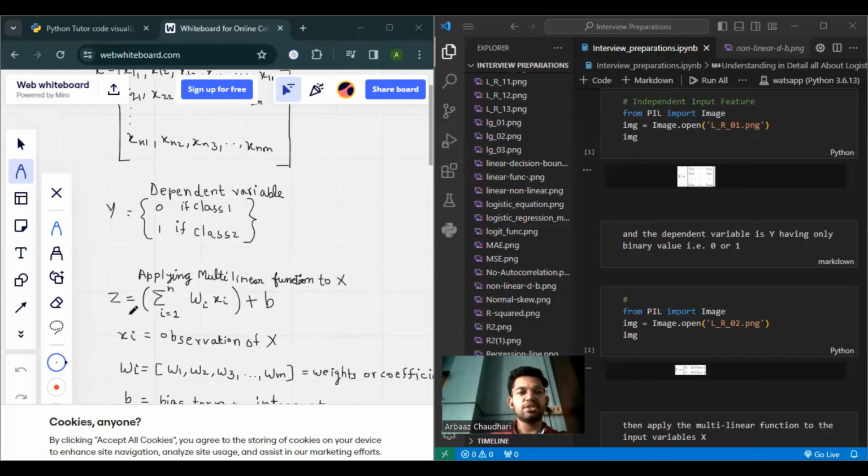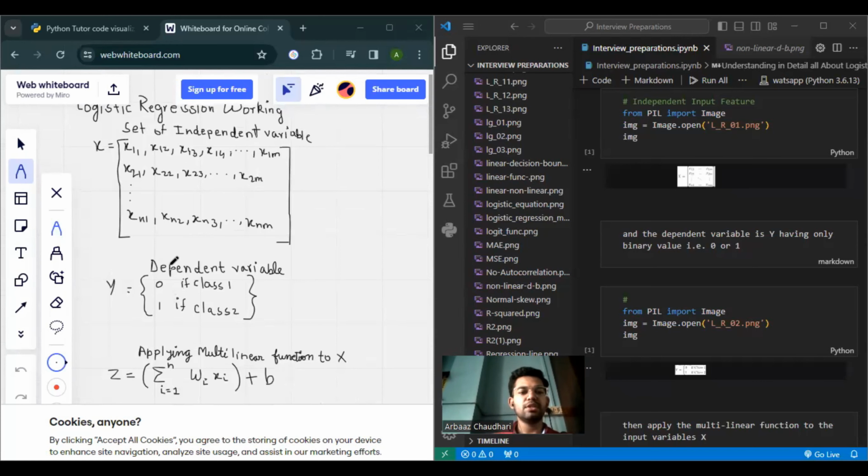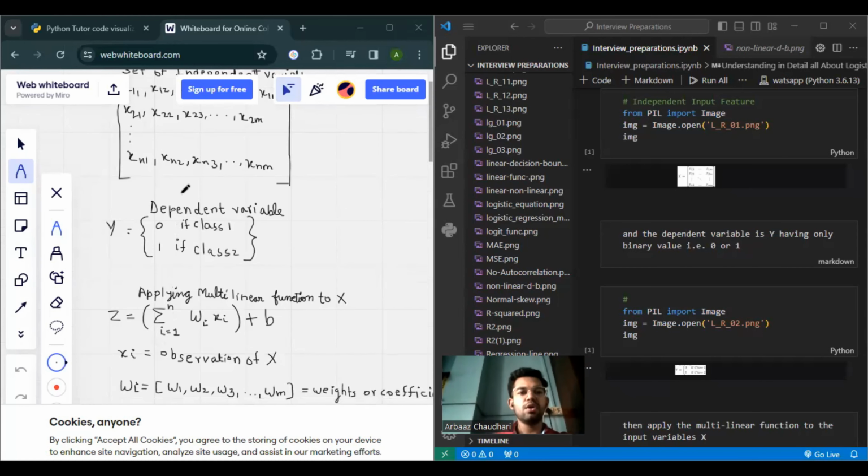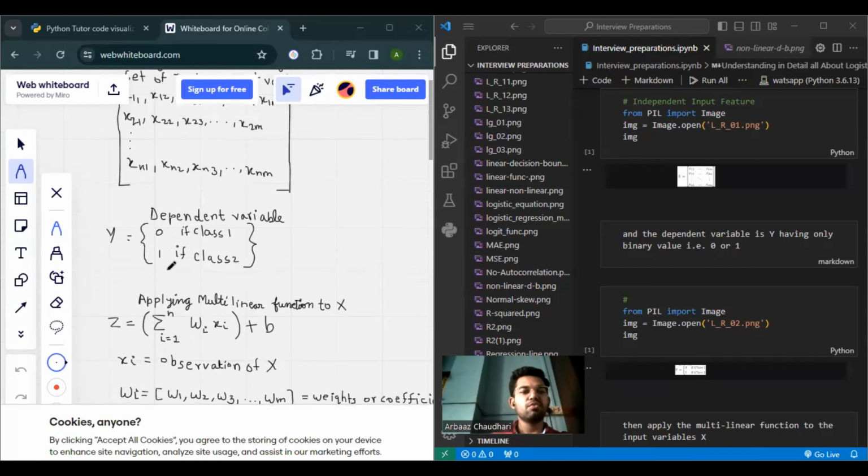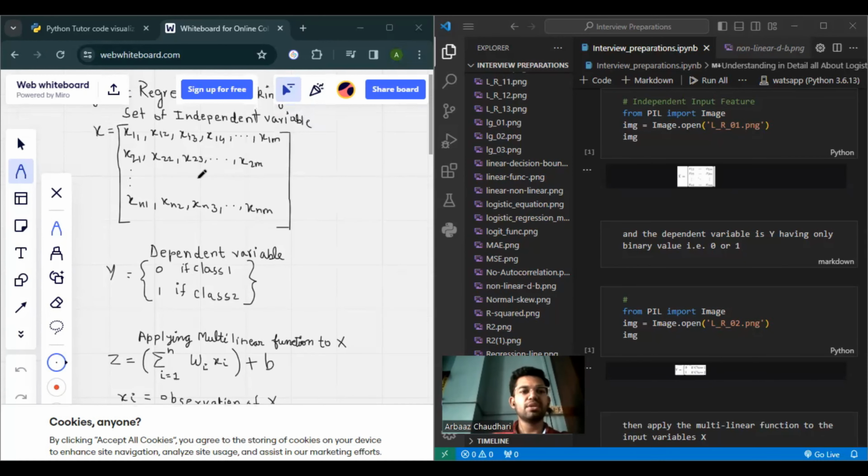This is the equation. So z is equal to the summation of i equal to 1 to n. i equal to 1 to n means we have to do it from 1 to how many? For all the features, 1 to n. Our n is our features, right? X1, X2, X3 till n.